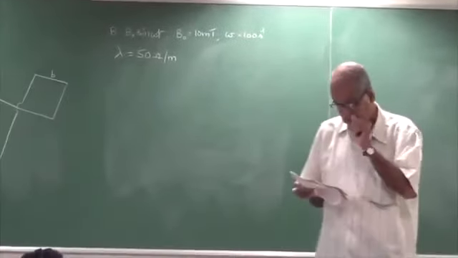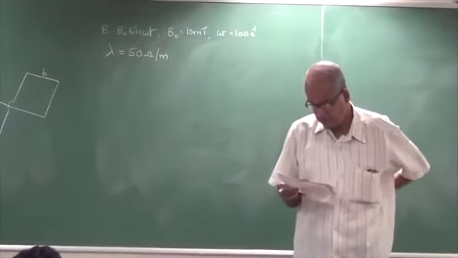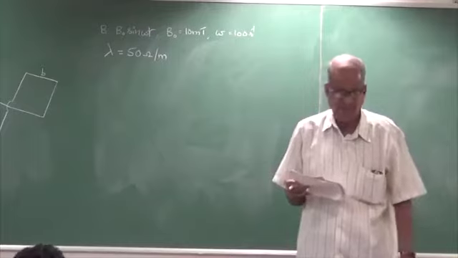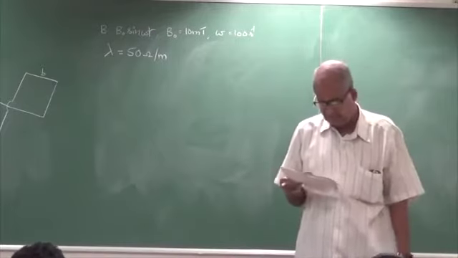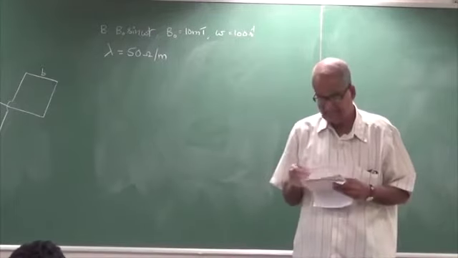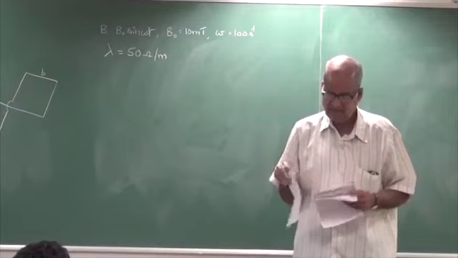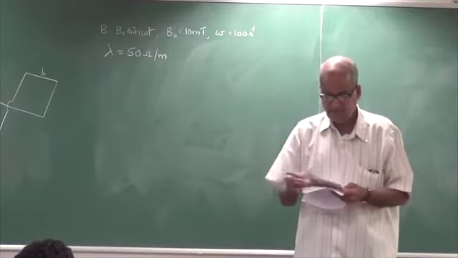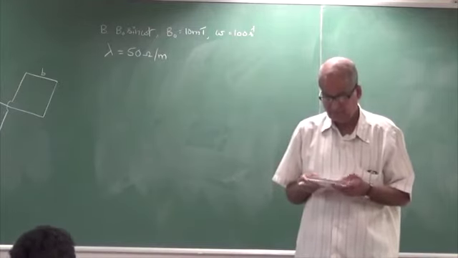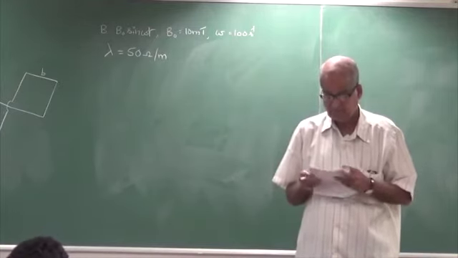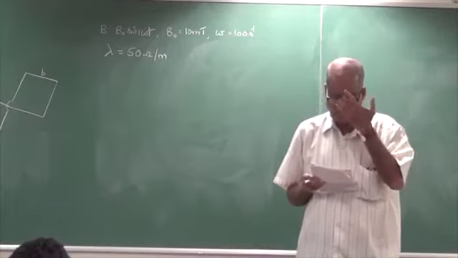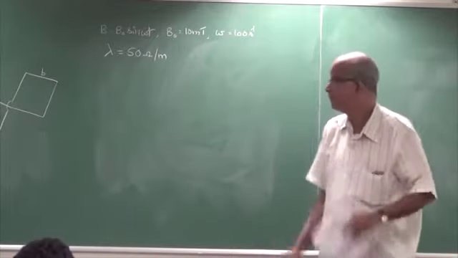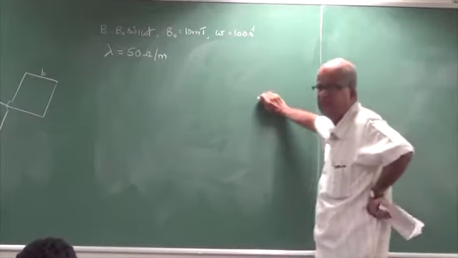Find the amplitude of the current induced in the loop if its resistance per unit length is lambda equal to 50 ohm per meter. Neglect the inductance of the loop. Come on, how will you do this? Tell me, one of you tell me.